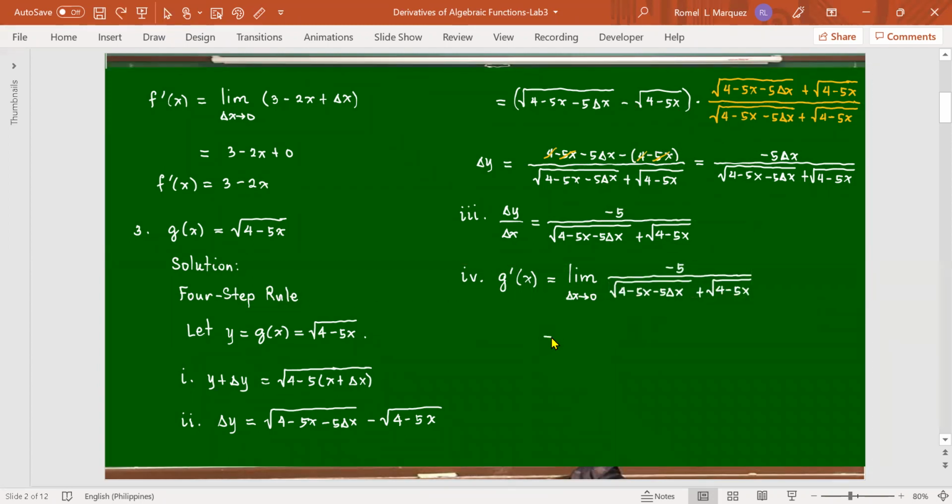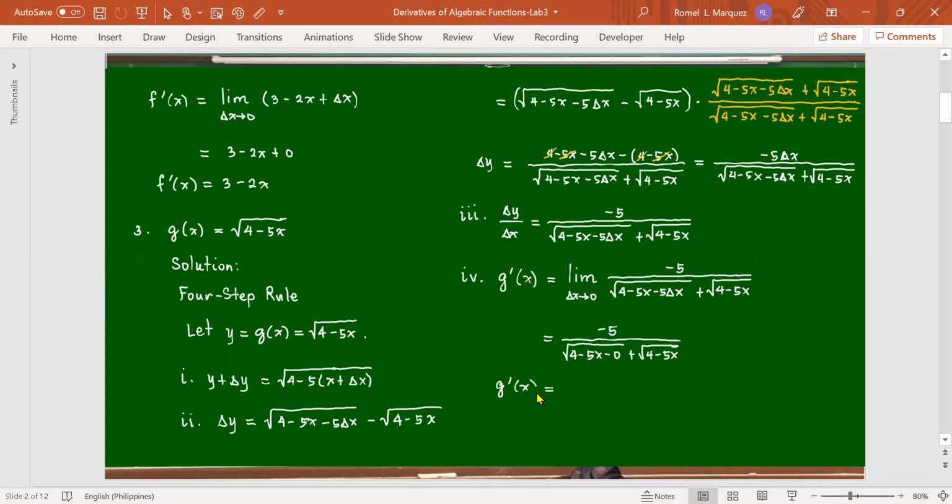So that is equal to negative 5 over square root of 4 minus 5x, plus, this is going to be 0 because our variable is delta x, not x, plus square root of 4 minus 5x. Okay?